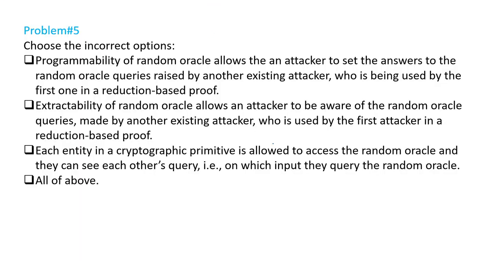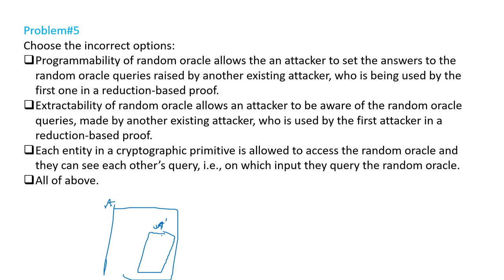Three is the only incorrect one, because they are just the way properties of random oracle models are defined, programmability and extractability. So programmability says that there is, say, an adversary A and it is using some adversary A dash in the reduction based proof.